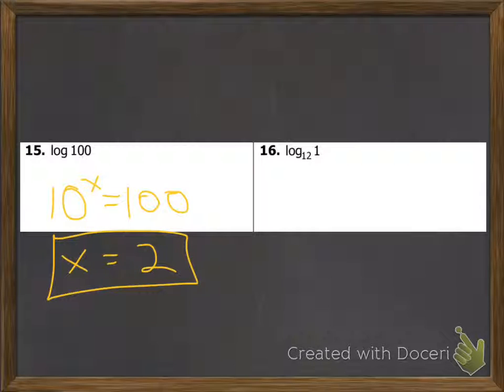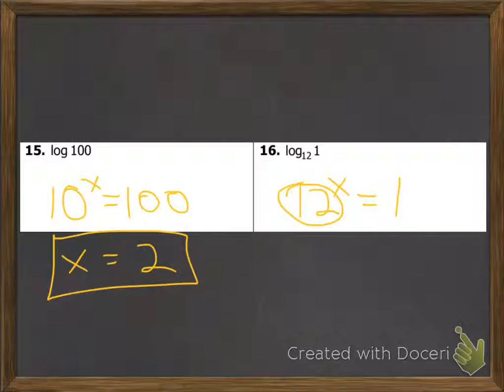Now let's look at number 16. We have a base of 12. I don't know my exponent, and it's going to be equal to 1. Now this one's a little different, because usually we're equal to a bigger number. So with this one, try to think, if I had any number raised to what number would be equal to 1?